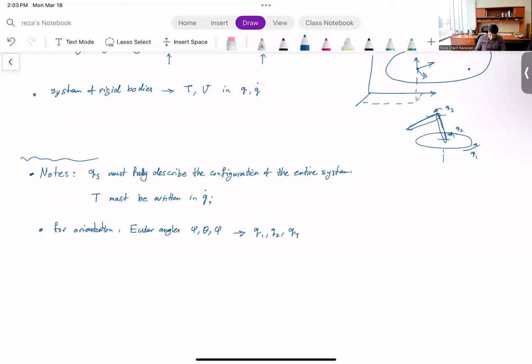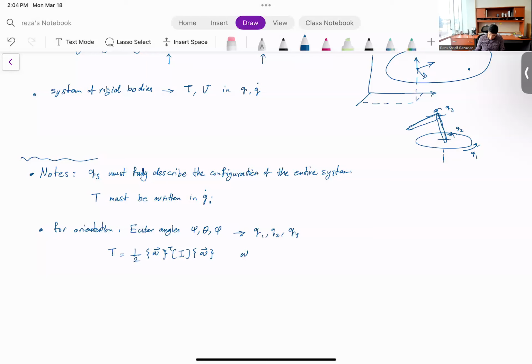But for kinetic energy, the formulation we had used before is 1/2 omega transpose I omega. And in this formulation, I have written T, the kinetic energy, in functions of omega, so 3 omegas: omega x, omega y, omega z.